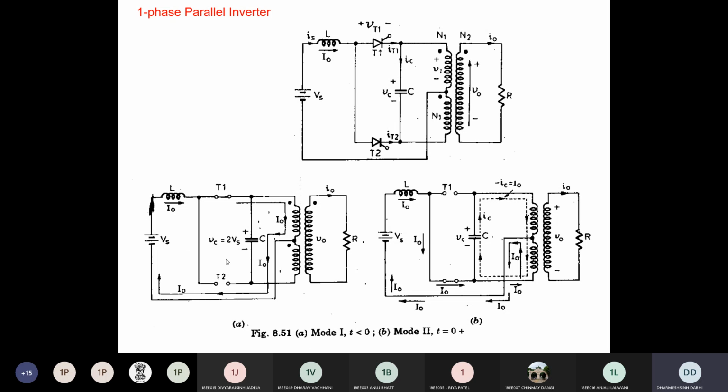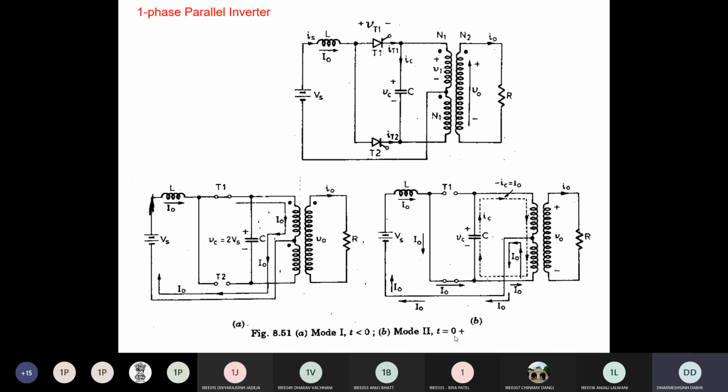So here you can see the function of the capacitor is to turn off the outgoing thyristor. It means T1 here. Same way, in the next mode, this capacitor will turn off this thyristor T2 also. Clear? So that's why we assume that it is initially charged, so that it is able to turn off the thyristor. Now I think all of you understand why we initially charge the capacitor. Clear? All of you understand how this T1 is turned off?